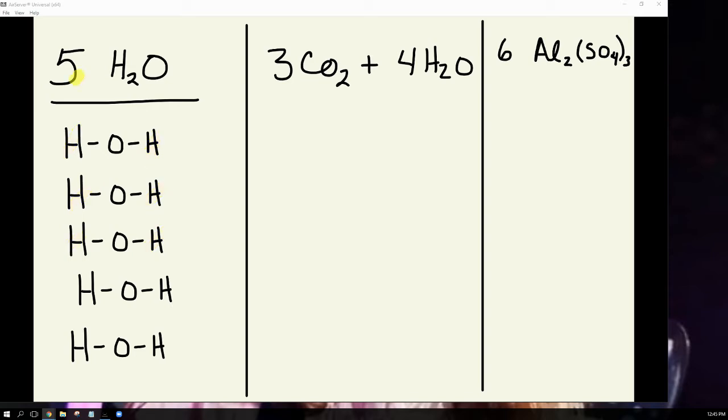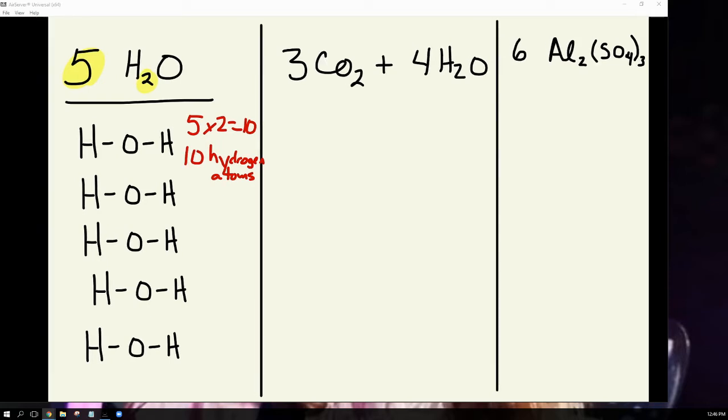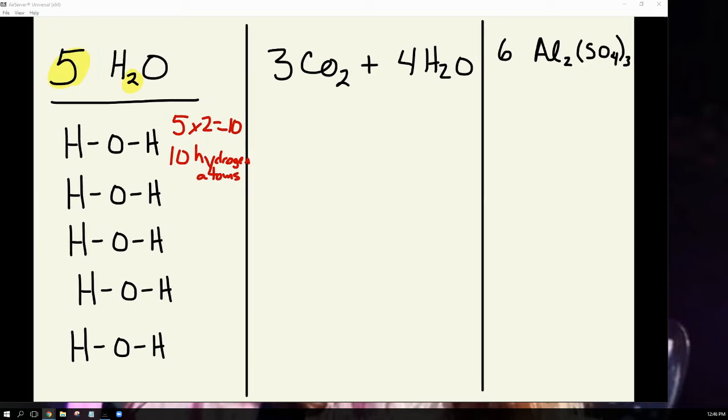So I'm going to take 5 times 2, and I'm going to get 10. So I have 10 hydrogen atoms, because I have 5 times 2.